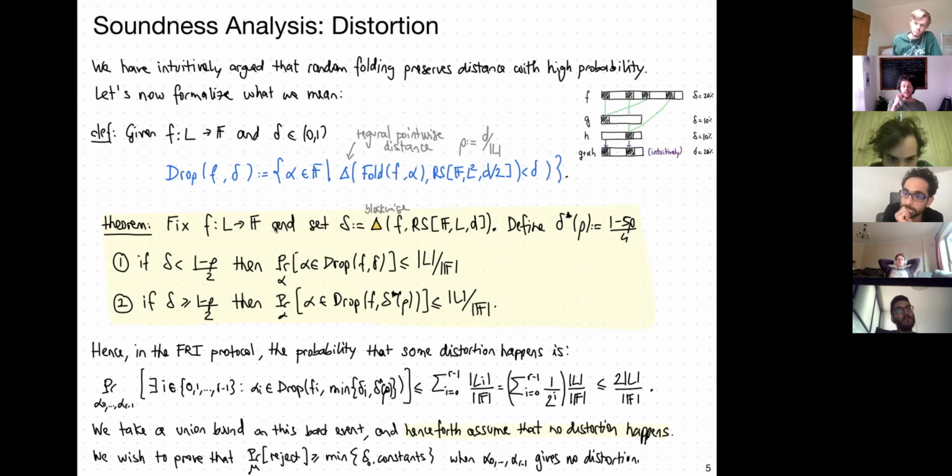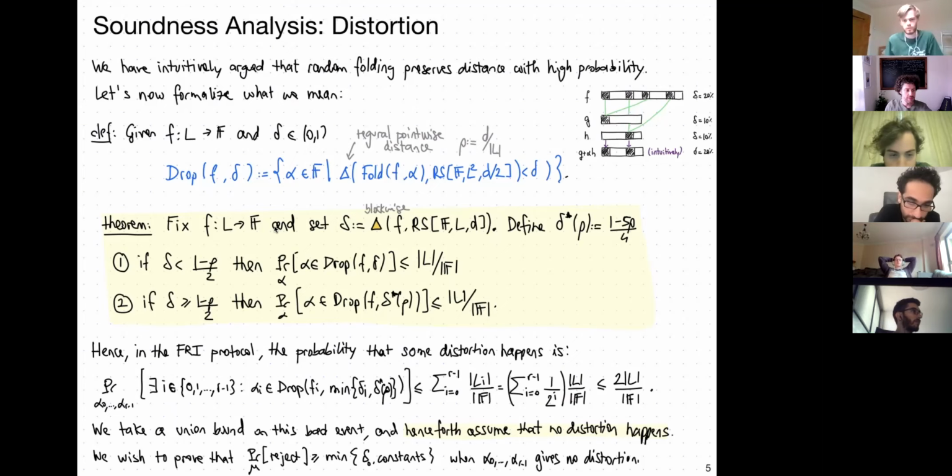Suppose the distance always remains the same in all of the iterations, at least this absolute constant. Let's try to analyze the probability that we reject. So we can forget about what happens if we lose distance. Okay, any questions regarding that?